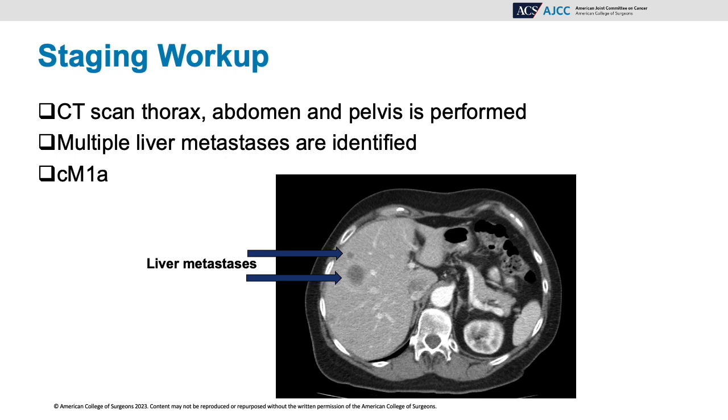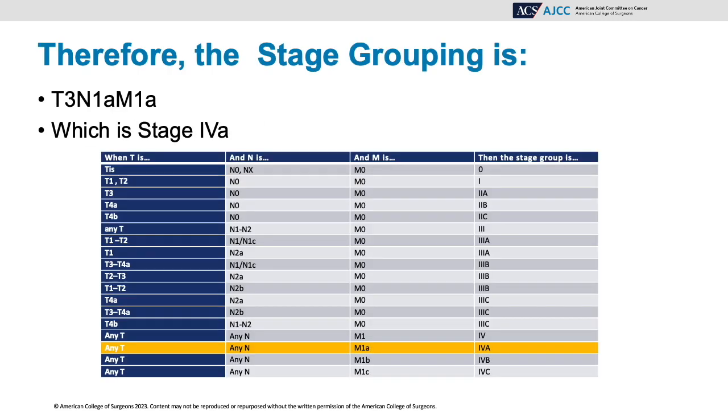However, on CAT scan, abdomen and pelvis, multiple liver mets are identified. This would make this a clinical M1a. Going to the table, N at this point doesn't matter, T doesn't matter. The patient has an M1a metastasis, so they'd be stage group of 4A.